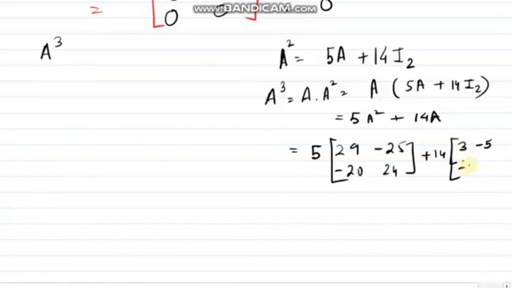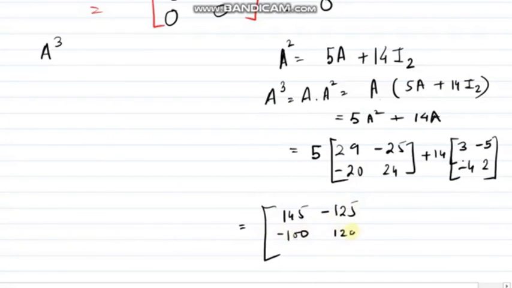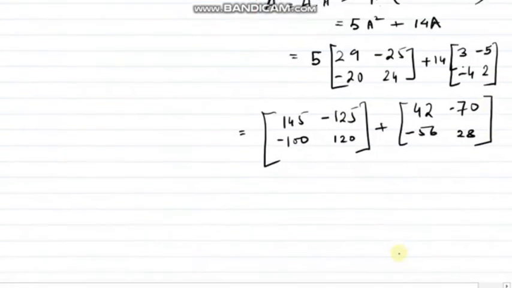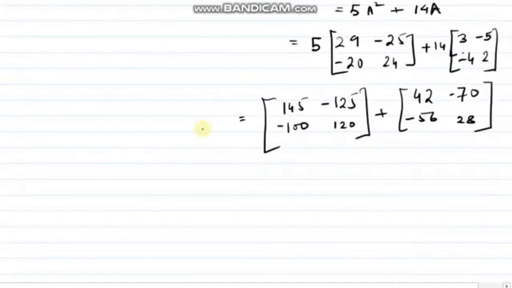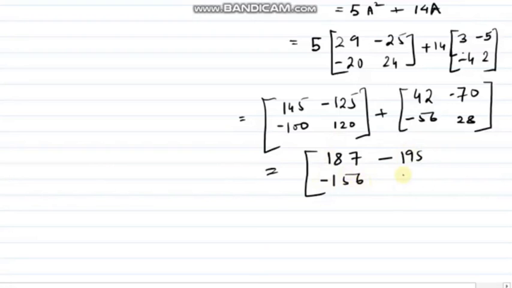So this will be 145, minus 125, minus 100, 120, plus this will be 42, minus 70, minus 56 and 28, right? So if I add these two, I will get 187, minus 195, minus 156, plus 148. So that will be your A cube.